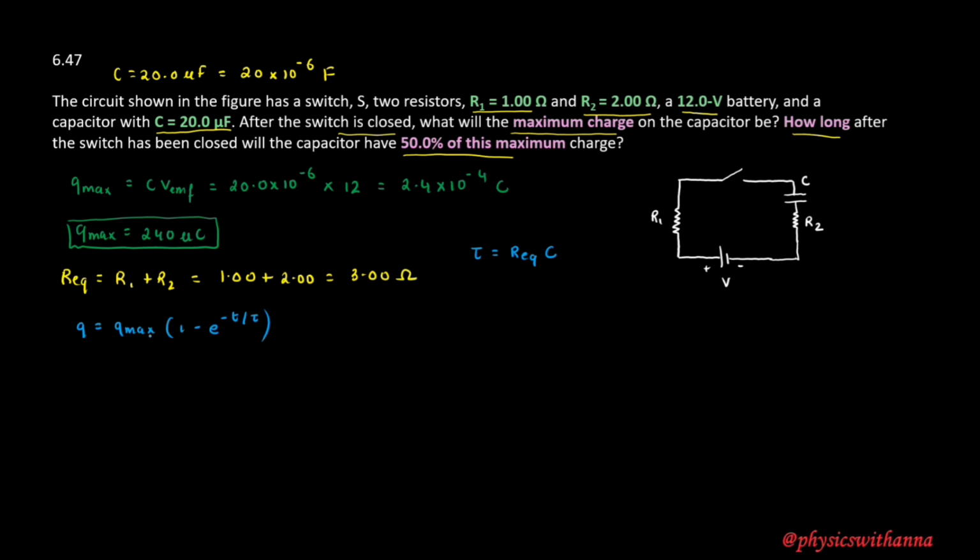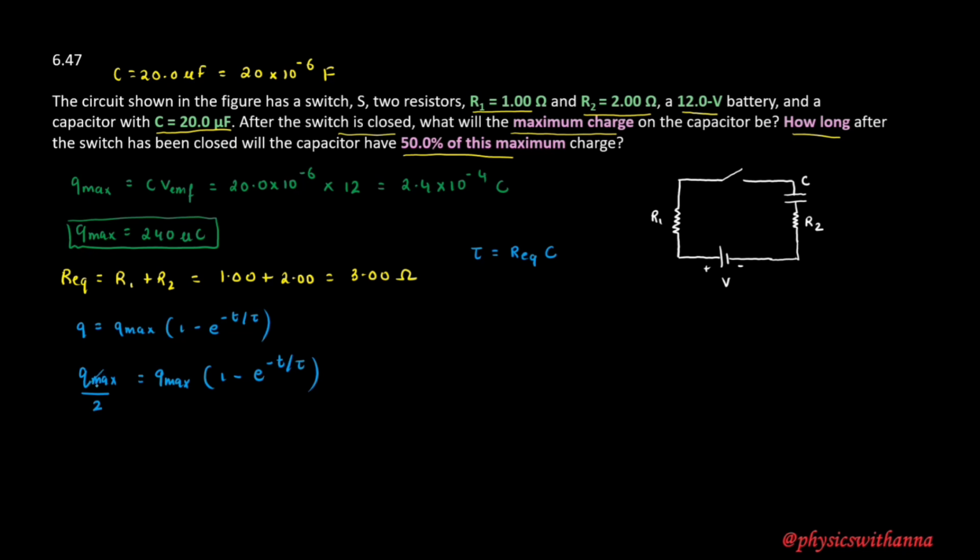That means it will be half of the maximum charge. So I can write Q as Q max over 2, because we want it to be 50%, equals Q max times 1 minus e to the power negative t over tau.